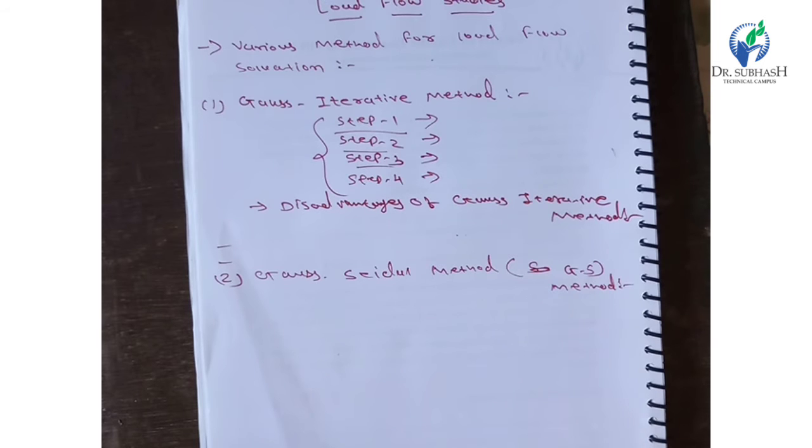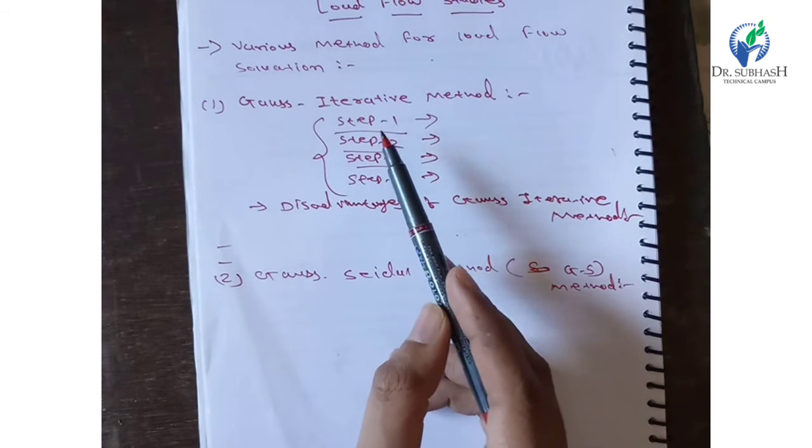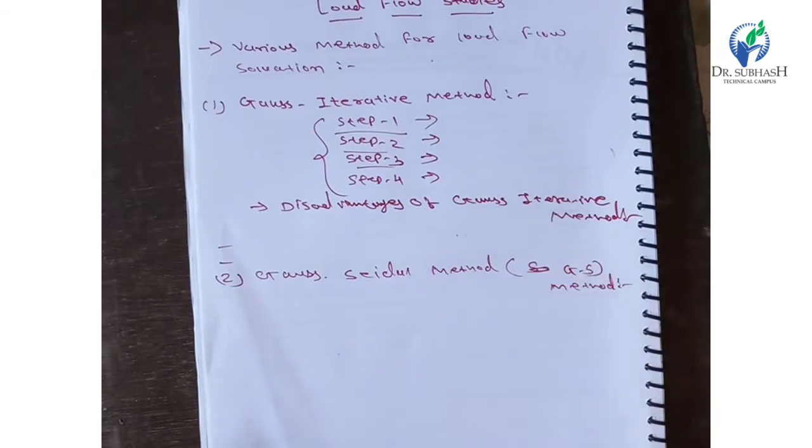This is one of the simplest methods. It is a modification of the Gauss iterative method, and this modification reduces the number of iterations. In the Gauss iterative method the number of iterations will be large, but in the Gauss-Seidel method the number of iterations will be comparatively less.